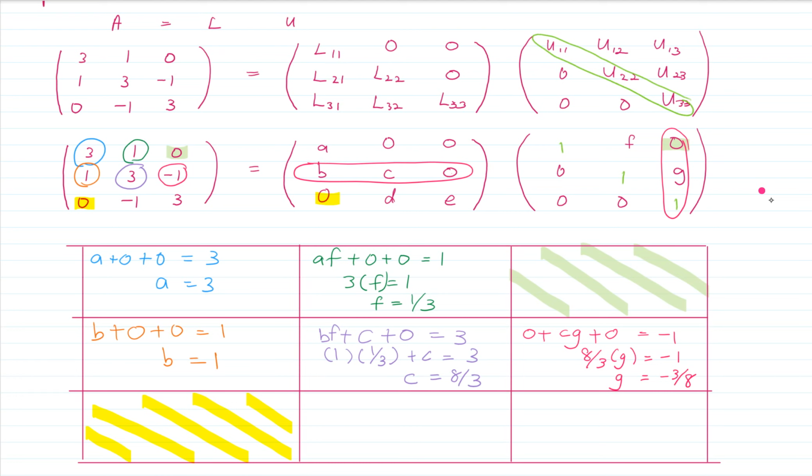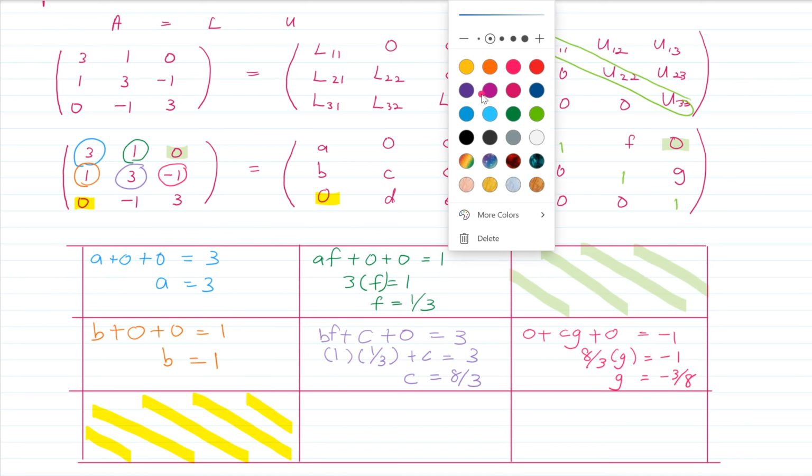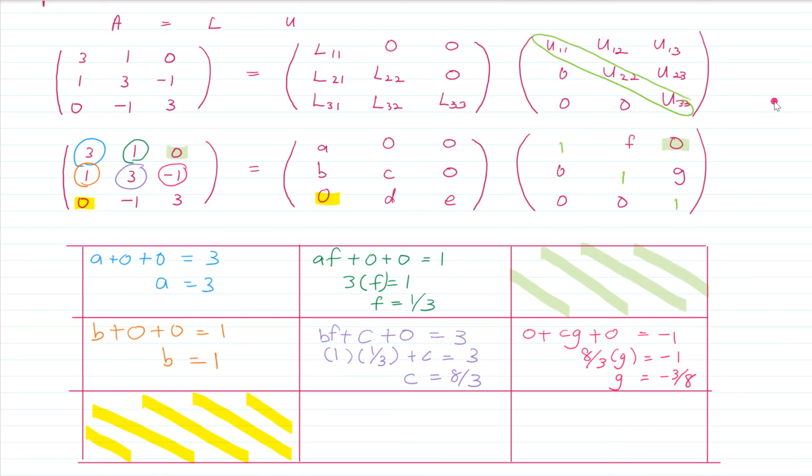Okay, then move to the next. This one times this one to get this value. 0 times F is 0, D times 1 is D, E times 0 is 0, equals minus 1.